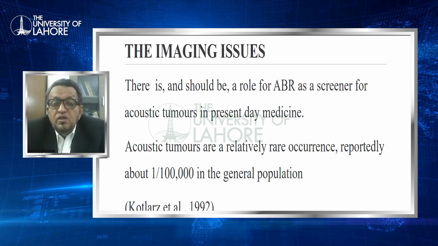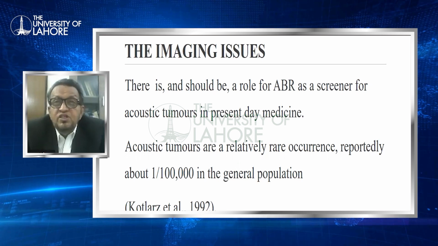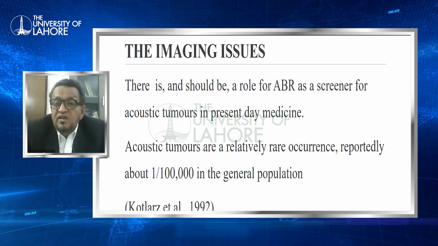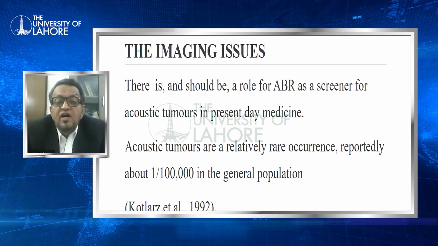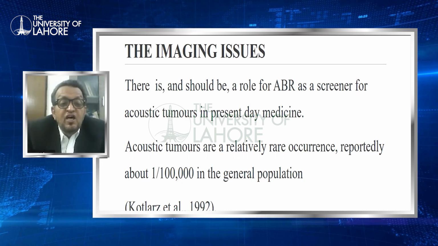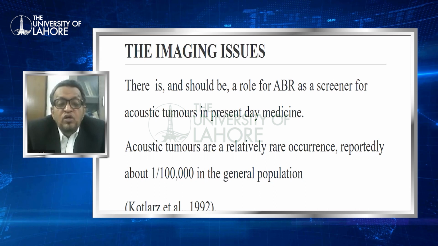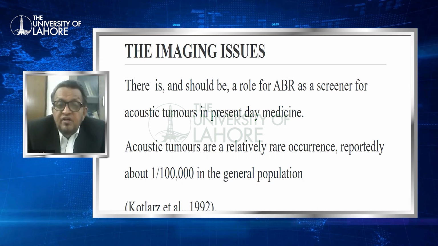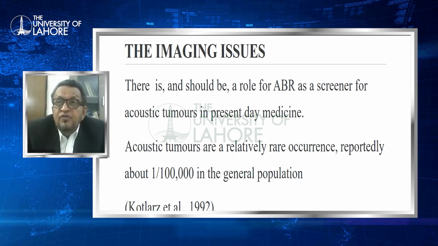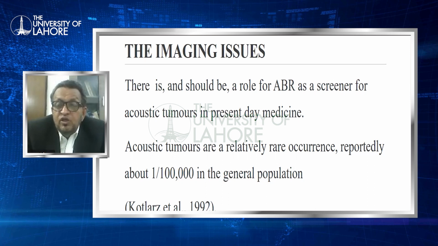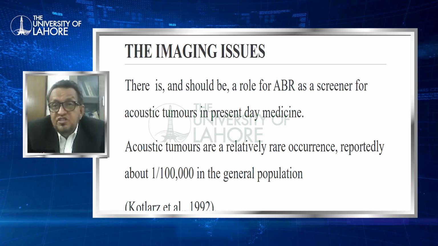Acoustic tumors are a relatively rare occurrence, reportedly about 1 in 100,000 in the general population, as reported by Cochlear et al. in 1992. So it is a rare phenomenon, but it is one of the retrocochlear pathologies most commonly diagnosed by audiologists.